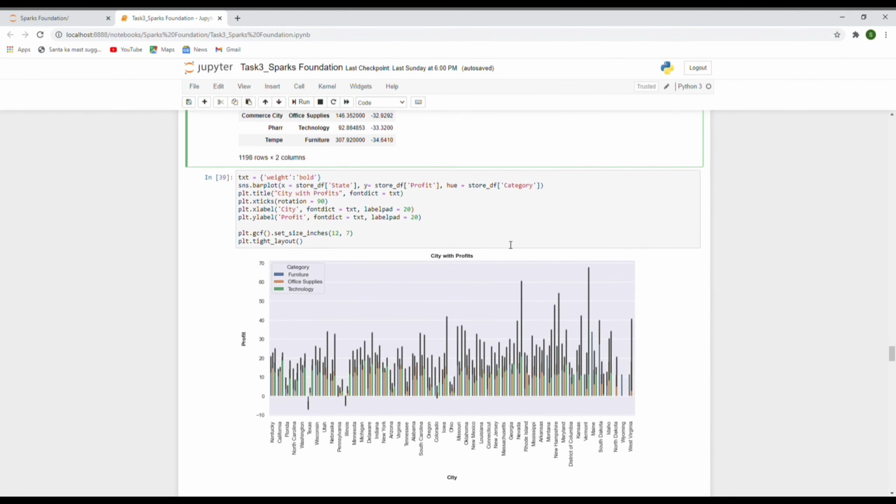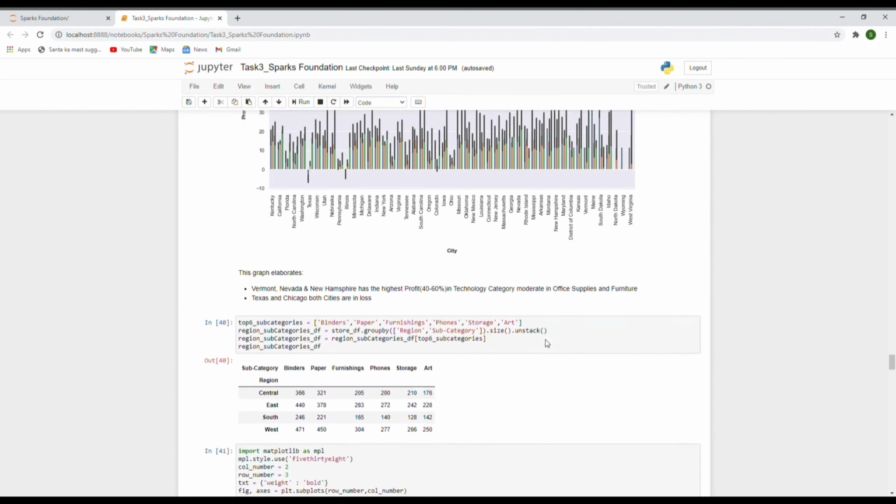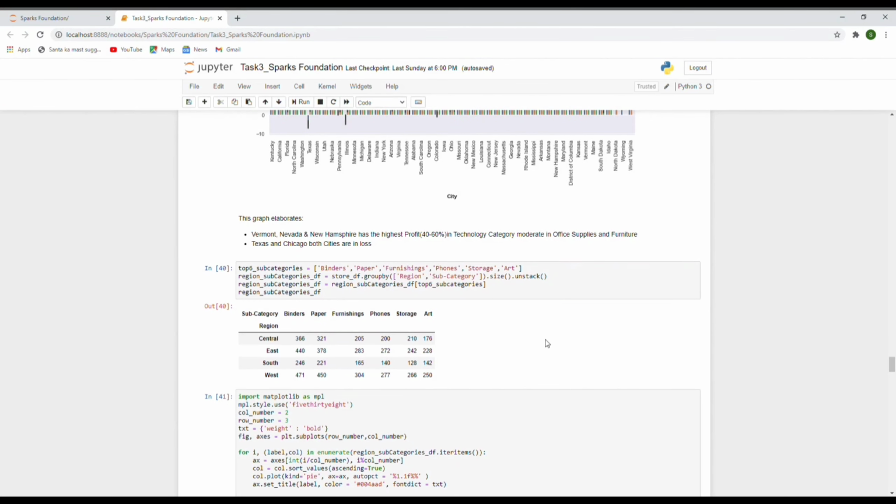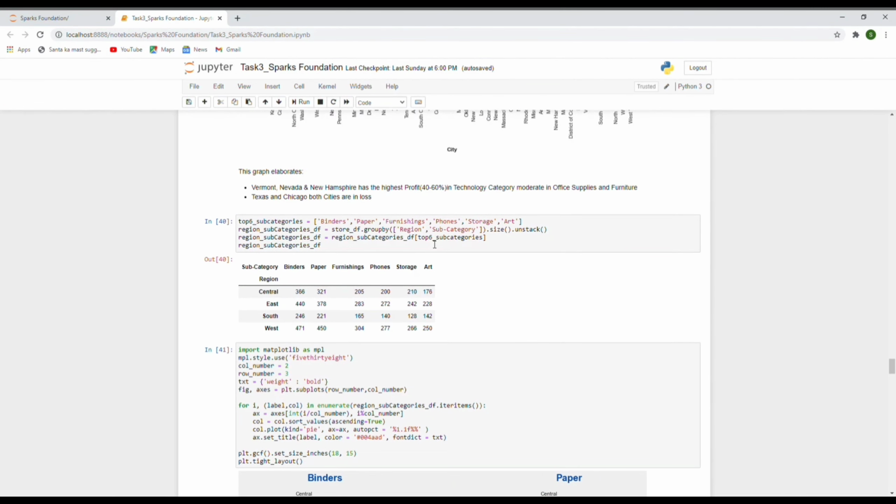Alright, so here we have observed by using bar plots city with the profit, and we can easily observe the loss and the profit of the cities. And after that we have categorized this. We have observed the top 6 subcategories, that is binders, paper, furnishing, phones, storage and art. So we have grouped this data in terms of region and subcategories.